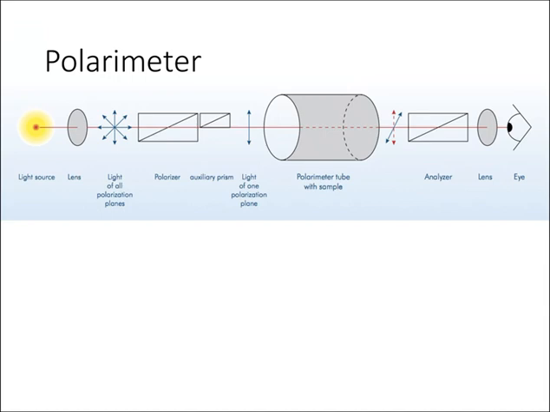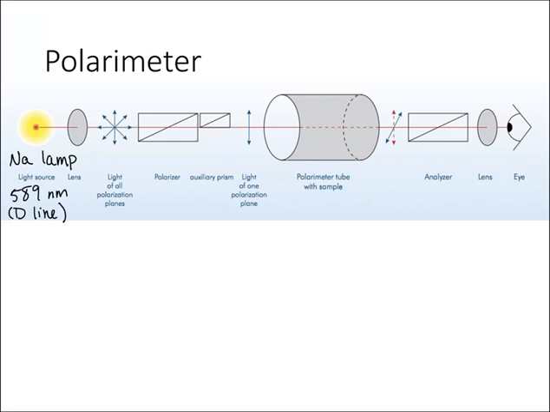This is a simplified diagram. Basically you start with a light source, and most often we use a sodium lamp. The sodium lamp emits light at a fixed wavelength of 589 nanometers, which is also called the D line of sodium.